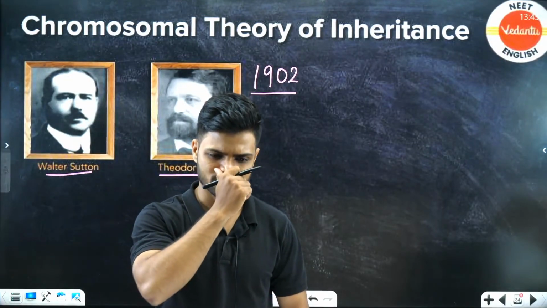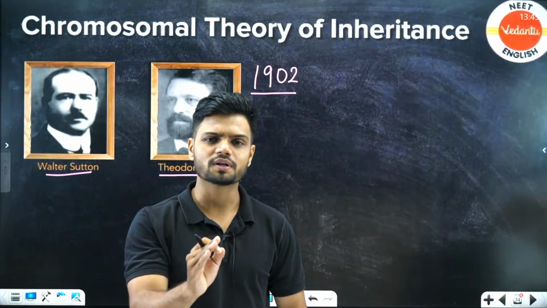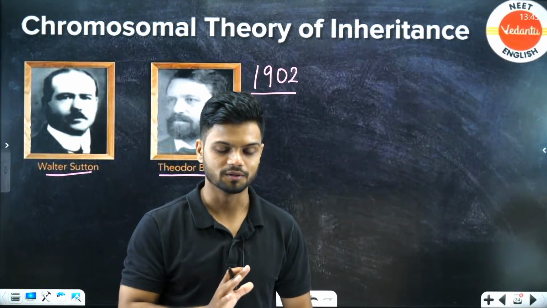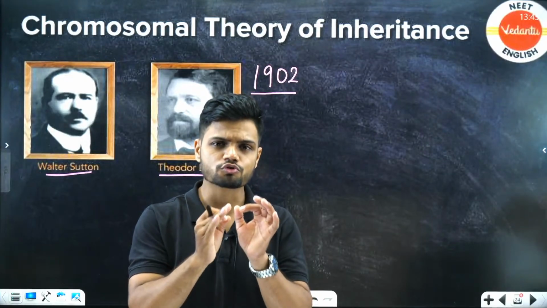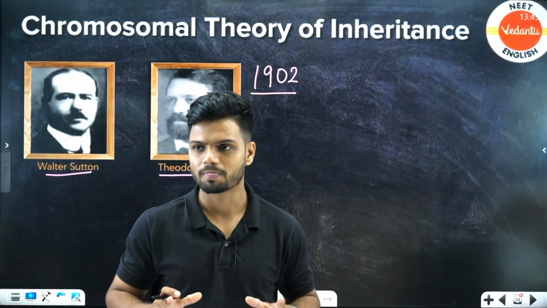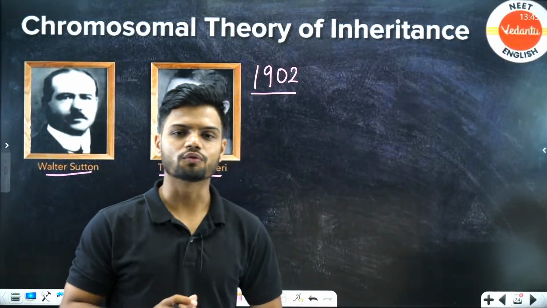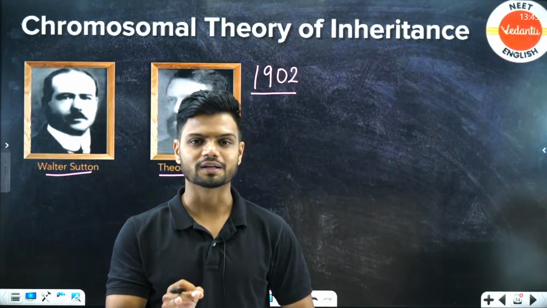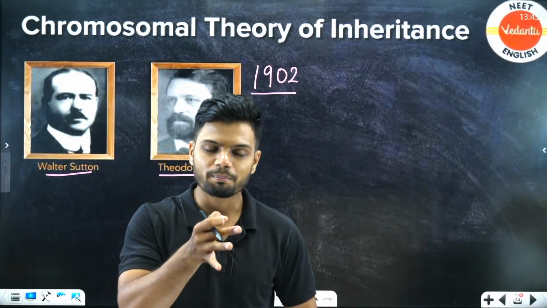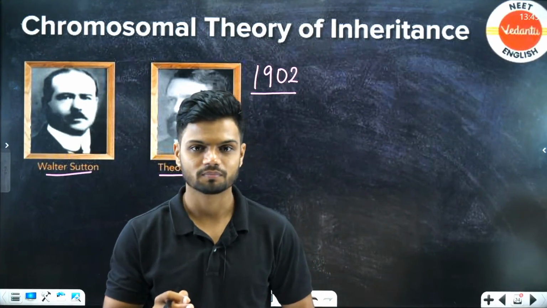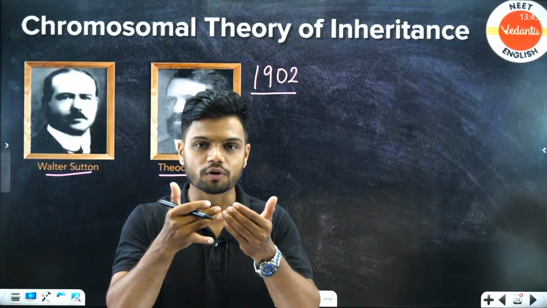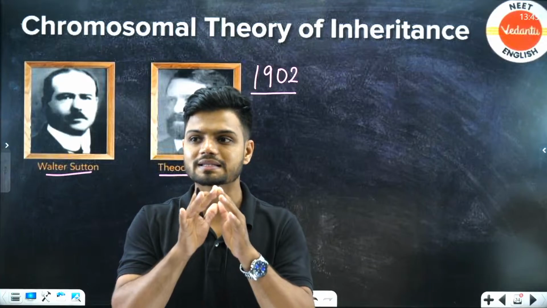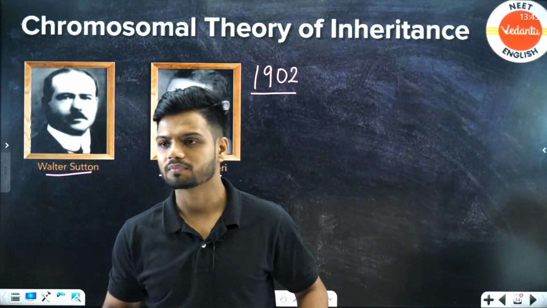This theory is very simple and easy. It tells you only one thing: there is a parallel relationship between the behavior of a chromosome and the behavior of a gene. That's all.